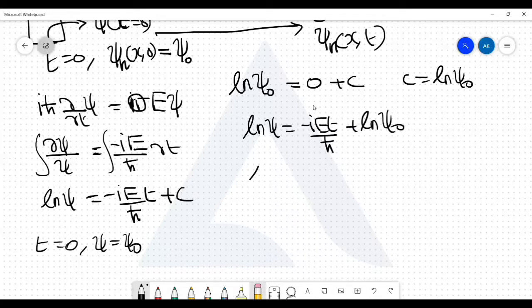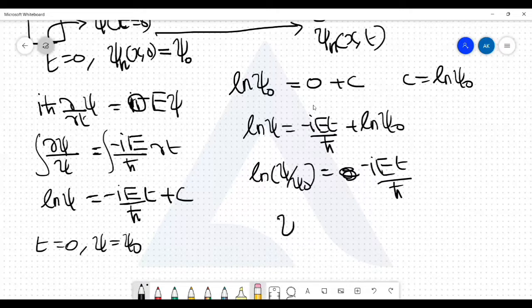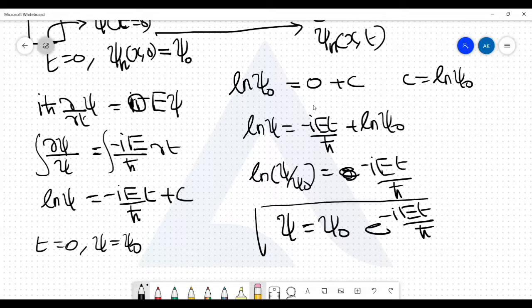So this is simply ln of psi by psi naught equal to minus i E t by h cross. So I could write psi equal to psi naught into e raised to minus i E t by h cross. So this is the state of the system at some time t.